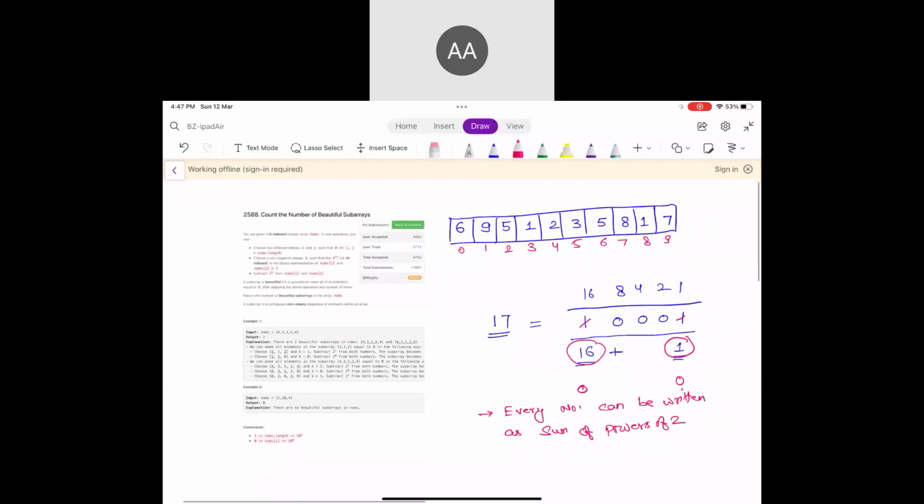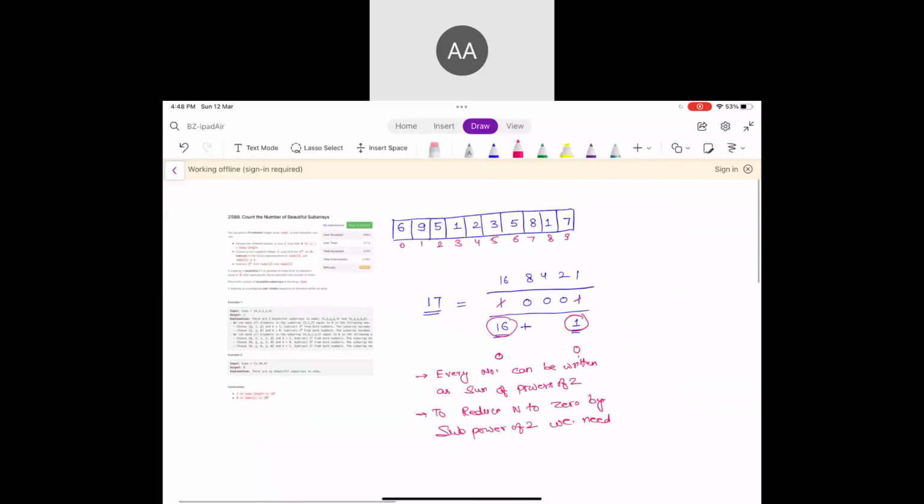And we are saying that to reduce a number to 0 by subtracting powers of 2, we need how many operations? Now, how will you express that? How many operations are needed?